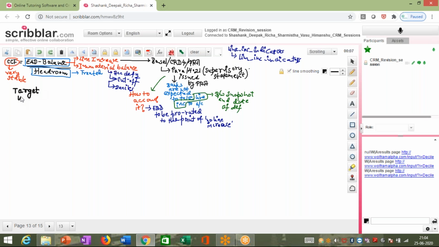So for the credit card products, the target variable is the credit conversion factor.